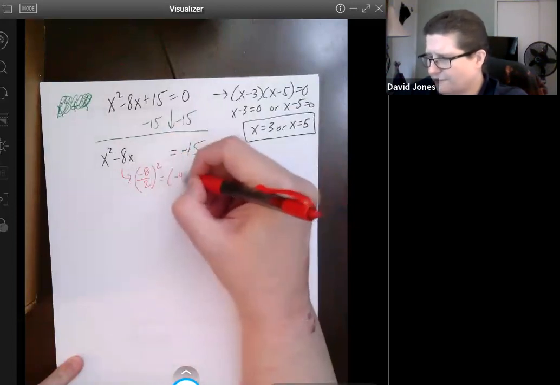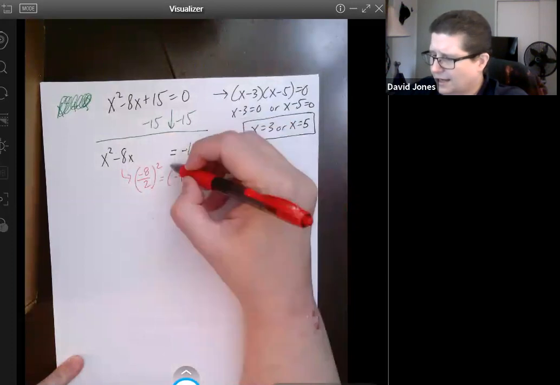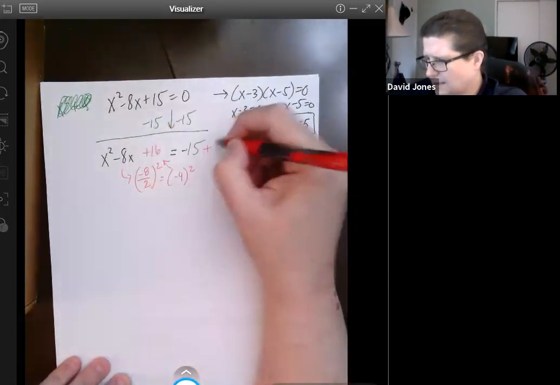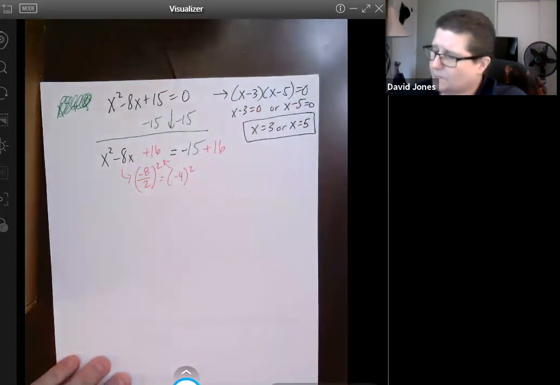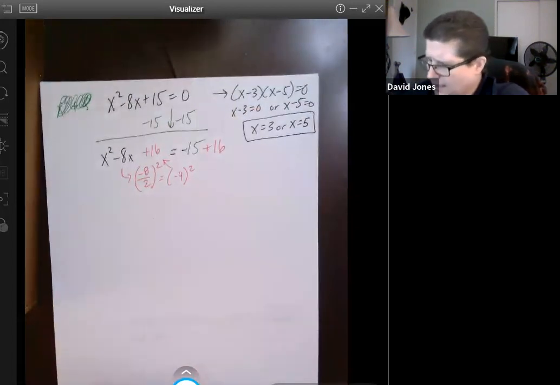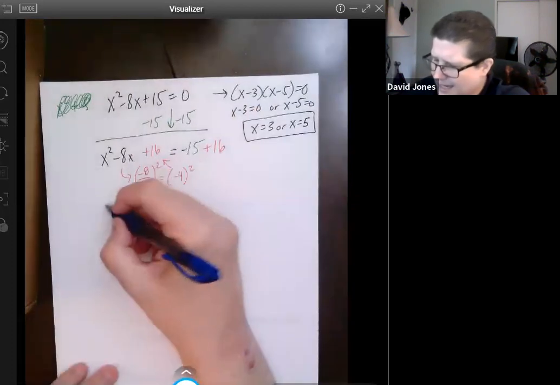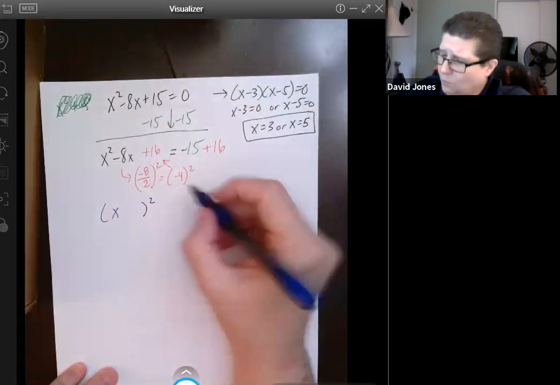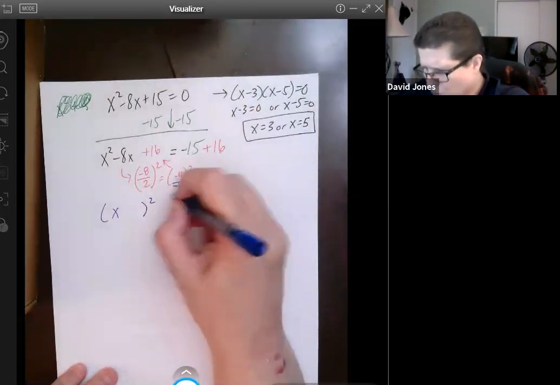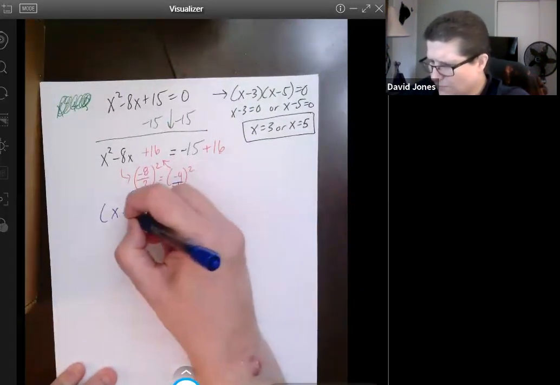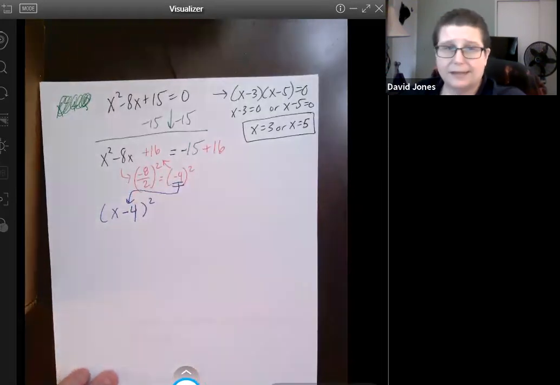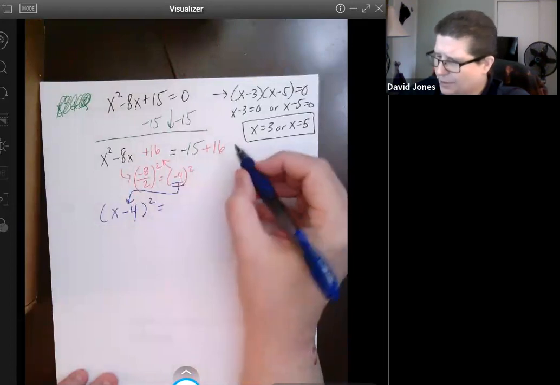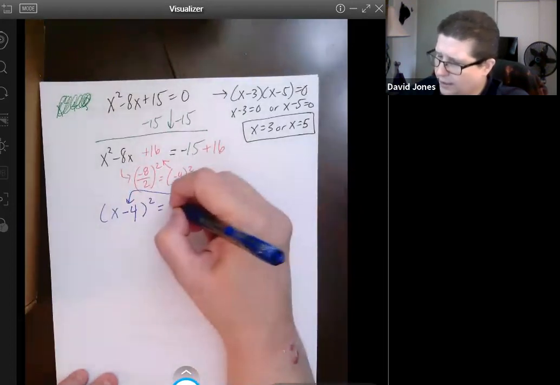This is negative 4 squared, and if I add that to both sides, I'm adding 16. Negative 4 squared is 16. Having done that, I did the perfect complete the square. Whatever that value is, I drop it right there. It's negative 4, which is negative 8 divided by 2. I'm going to put it right there. The right side is negative 15 plus 16 is 1.